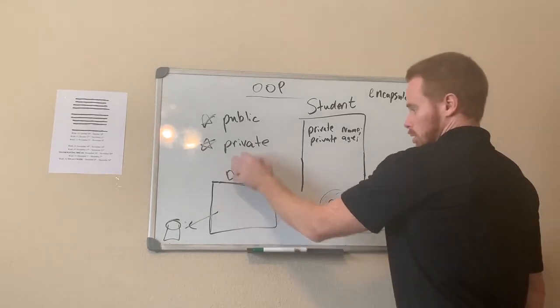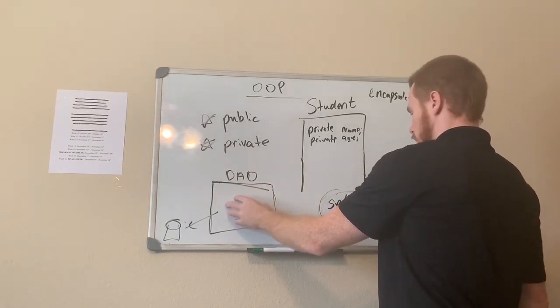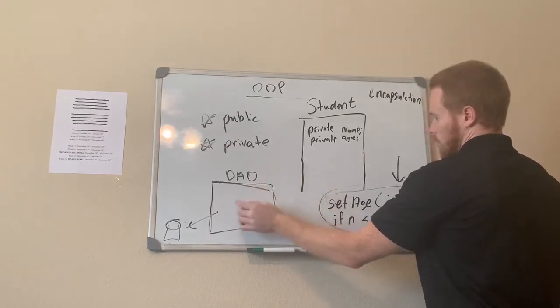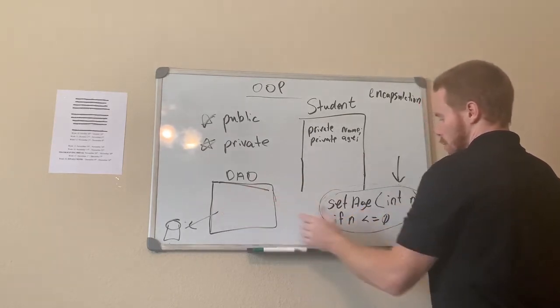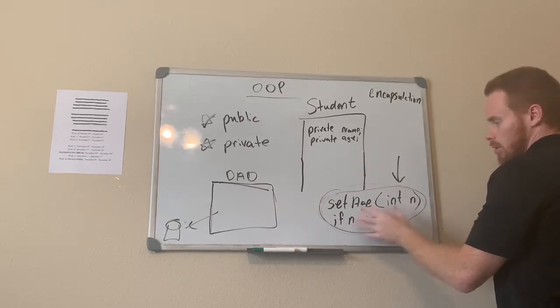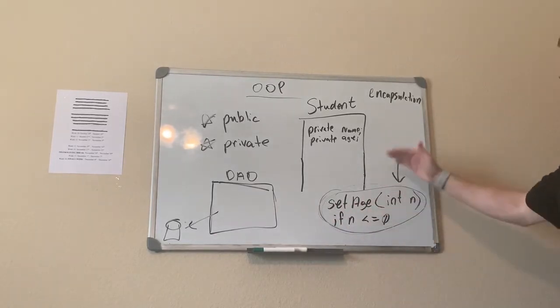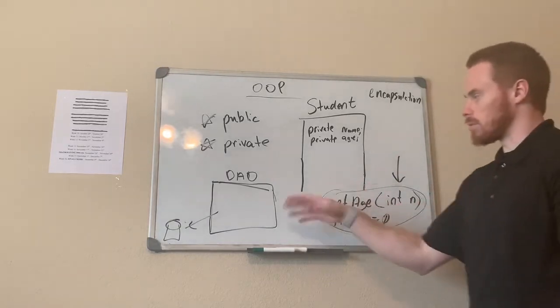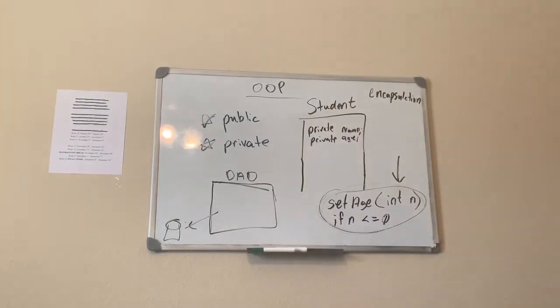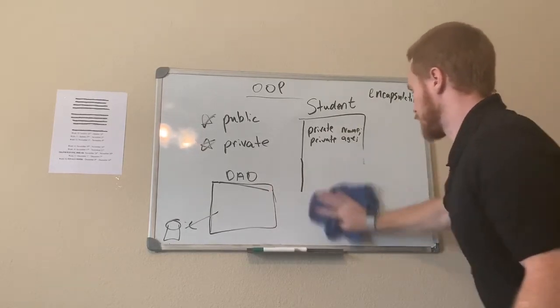So this person who wants to change the age for a student object would have to use .setAge and pass in a value, and I would have some checking or restrictions. And if they don't follow my rules, then I'm going to give them an error message. So that is encapsulation.